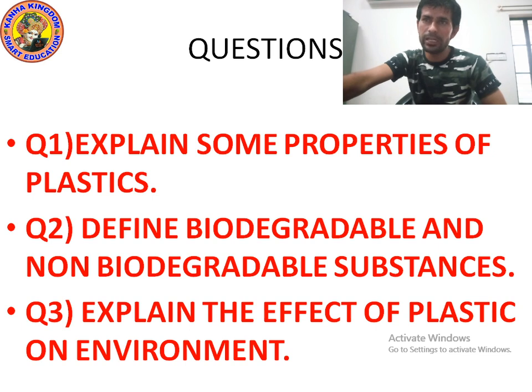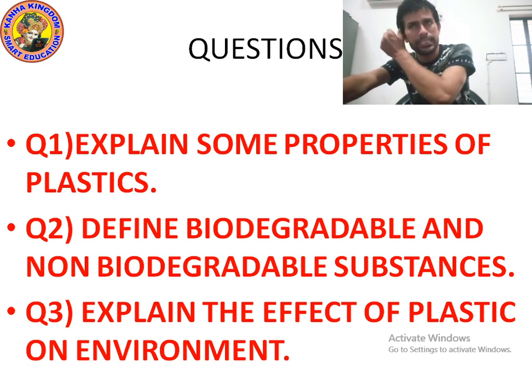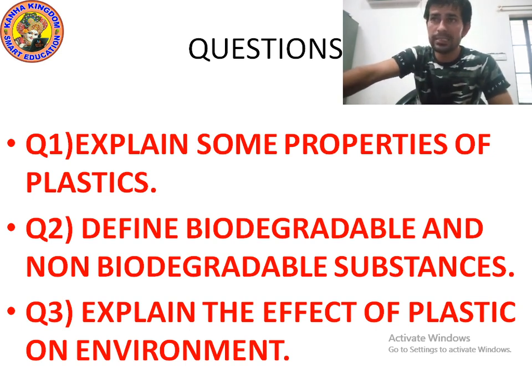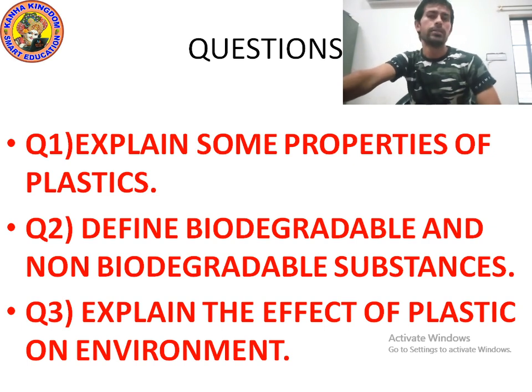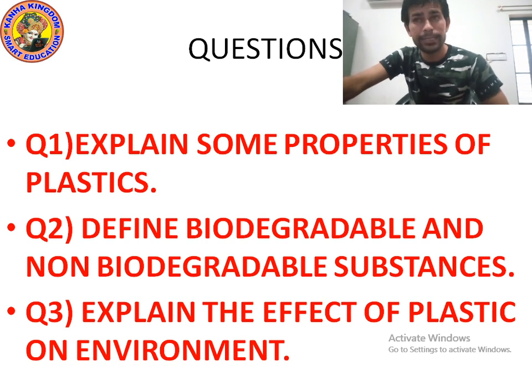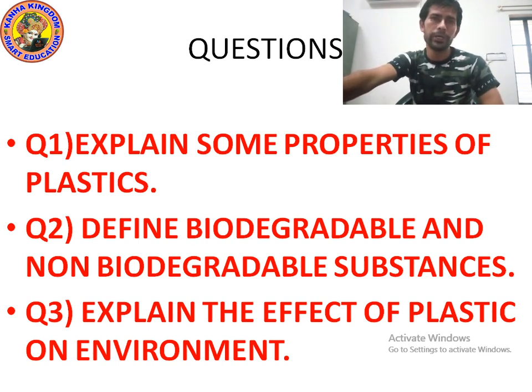One more definition: a material which gets decomposed through natural processes such as action by bacteria is called biodegradable, and a material which is not easily decomposed by natural processes is termed non-biodegradable.